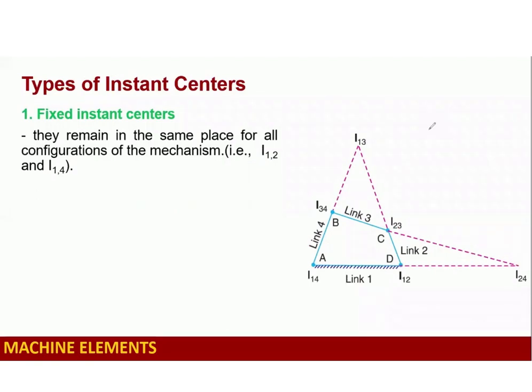As you can see in the presentation, link 1 is grounded, and thus point B and point C will rotate about point A and point Z. Whatever configuration you will make for this 4-bar linkage, point A and point B will remain as fixed point of rotation for link 4 and link 2.